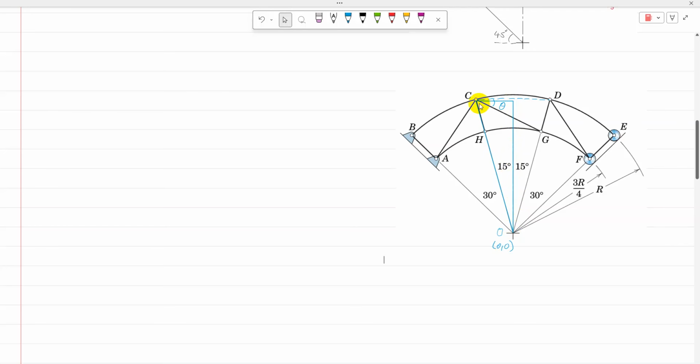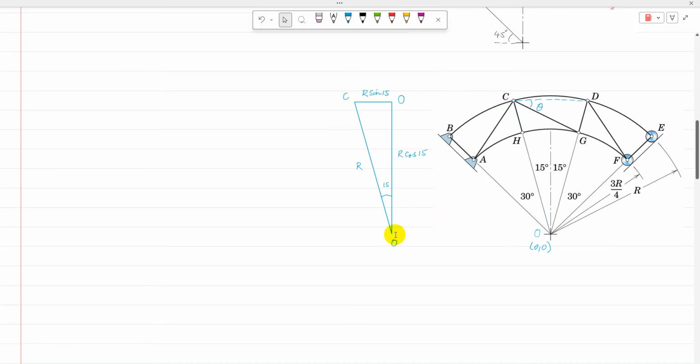The opposite and adjacent are used to find the coordinates of C.